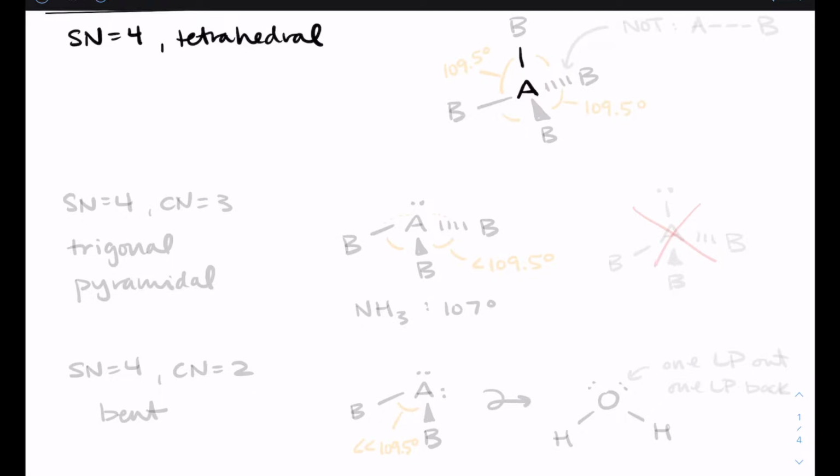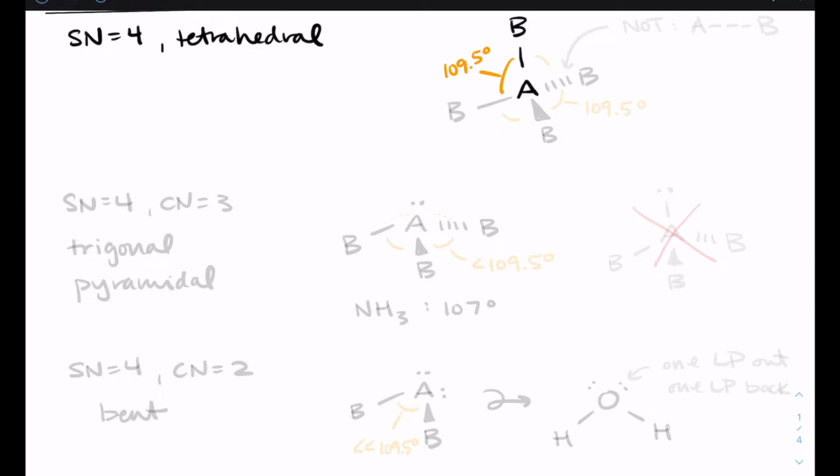If I draw a bond to a B straight up, and then I draw a bond to a B in the same plane, I'm going 109.5 degrees before I draw that bond. Now, for the other 2 B's that are connected, they cannot be connected in the same plane and still be 109.5 degrees apart. So now we have to introduce these perspective bonds.